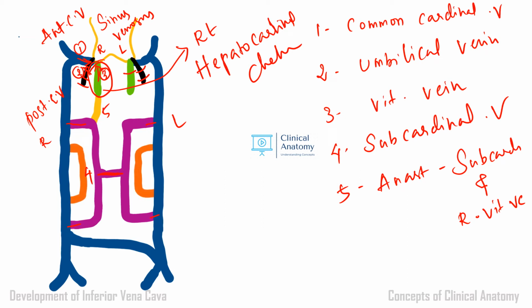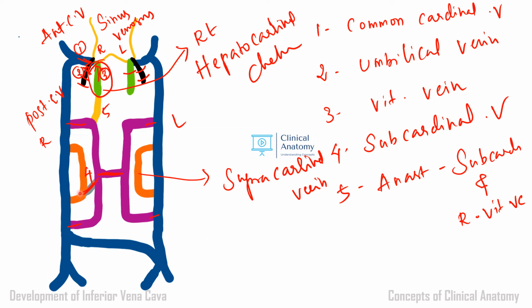Then there will be a further development of new veins which are known as the supracardinal veins. The supracardinal vein will further anastomose with the previously existing subcardinal vein like this. See the pointer.